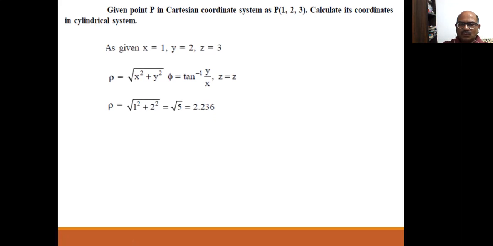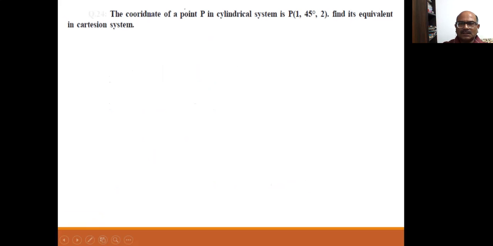So rho is the square root of x squared plus y squared, phi is tan inverse of 2 by 1, and z is 3. So the point P (1, 2, 3) is transformed into the cylindrical system as (2.236, 63.43 degrees, 3). This is a very simple numerical of transformation.